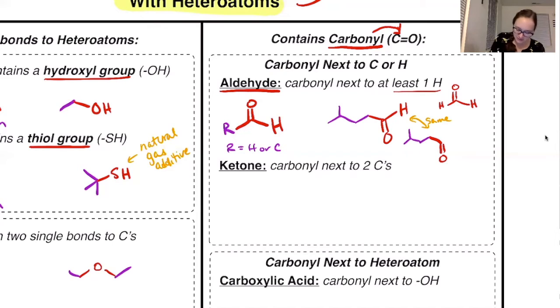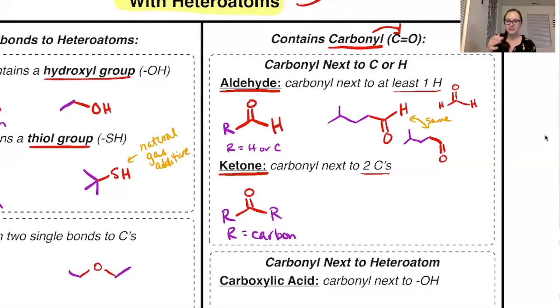Okay, so the next one is called a ketone. It's a carbonyl next to 2 carbons. So we have our carbonyl in the middle, and then we're going to have an R group on either side. In this case, R equals carbon.